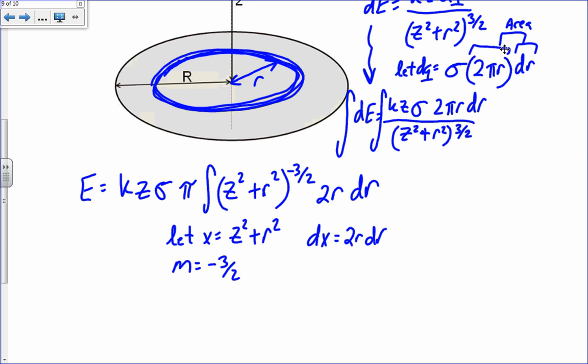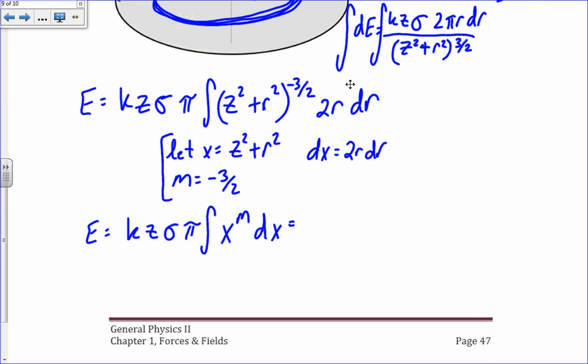With these substitutions, I can say that the electric field is kz sigma pi times the integral of x to the m dx. So this is going to be kz sigma pi times x to the m plus 1 over m plus 1.